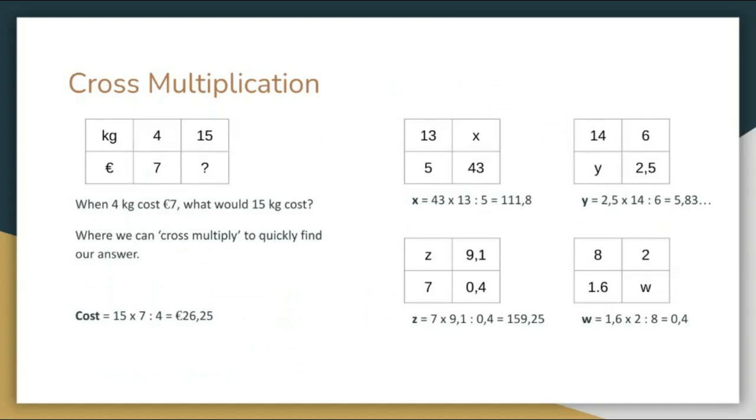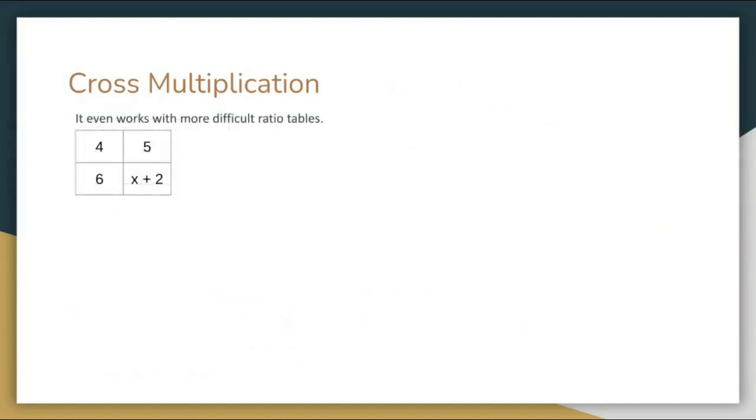Cross multiplying works even with more complicated ratio tables, like this one. Here, instead of an x, we have an x plus 2 in the table. For these exercises, we do need to alter the way we solve these tables. As the cross product needs to be the same, we know that 4 times (x plus 2) is equal to 5 times 6.